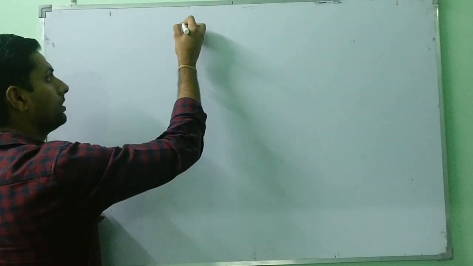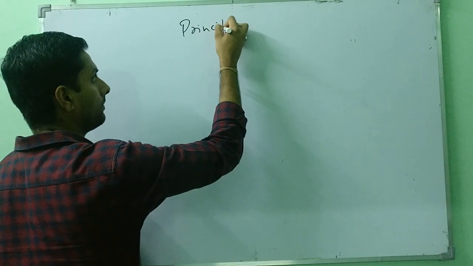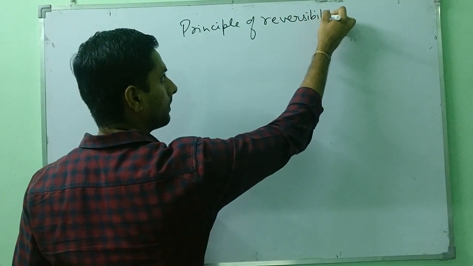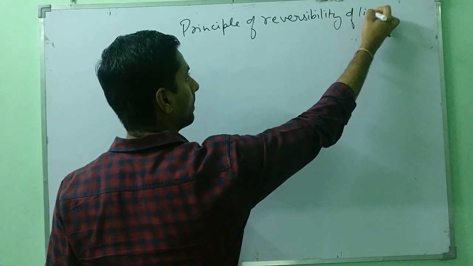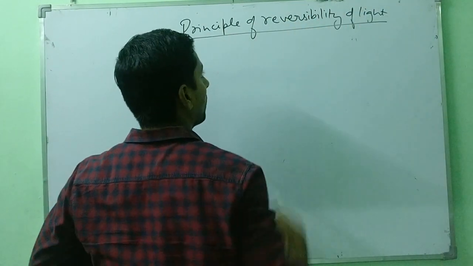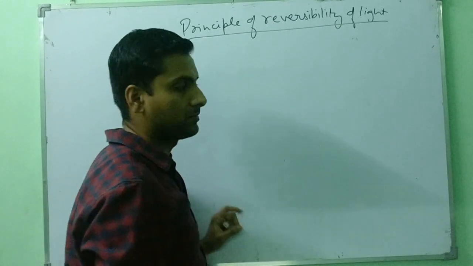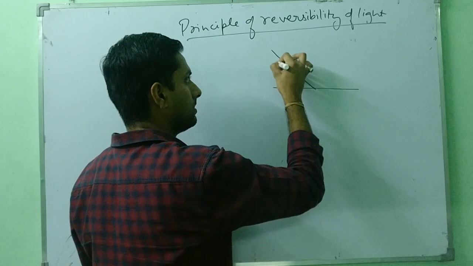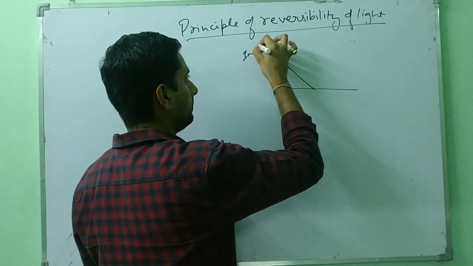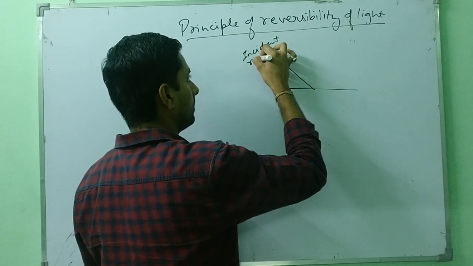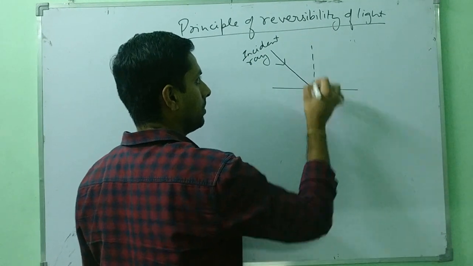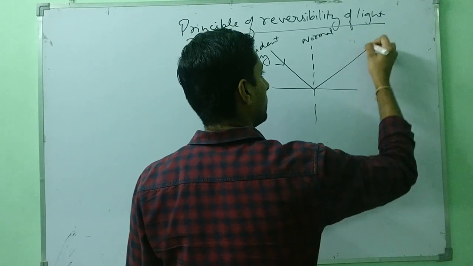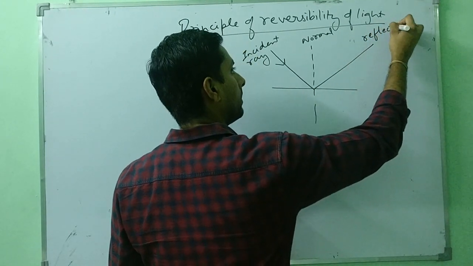Now friends, we will talk about the principle of reversibility of light. What do you mean by the principle of reversibility? Suppose this is an incident ray, this is the normal, and this is the reflected ray.